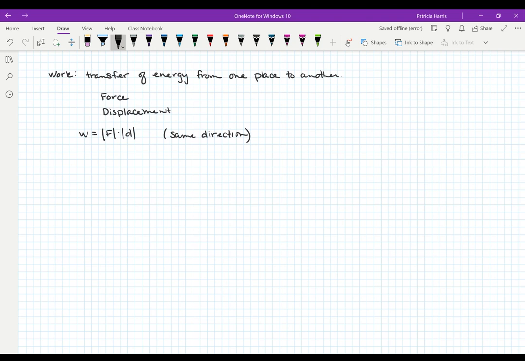Now, if the direction is different, then we use this formula. Okay. All right, so let's do some work.